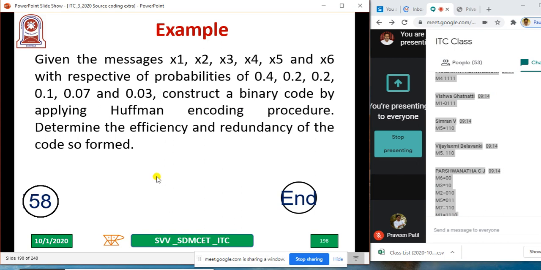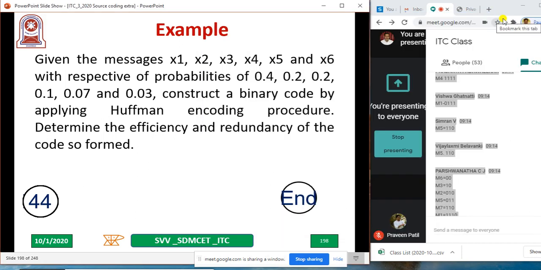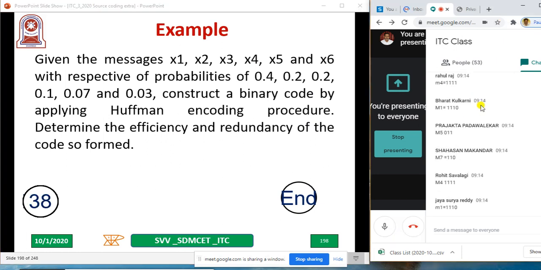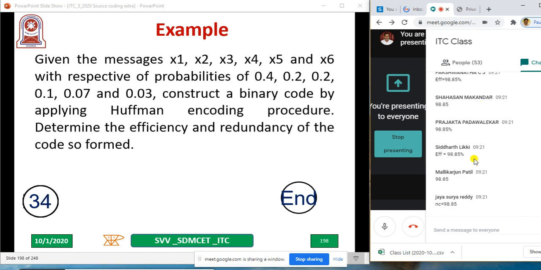Construct a binary code by applying the Huffman encoding procedure.